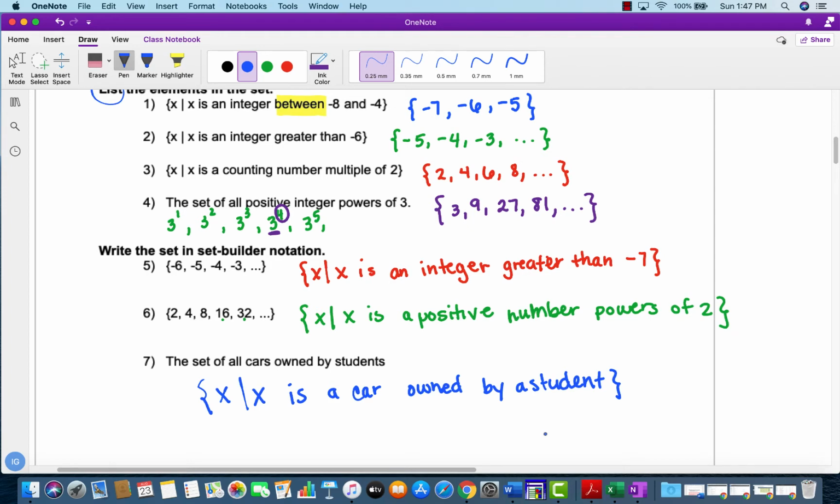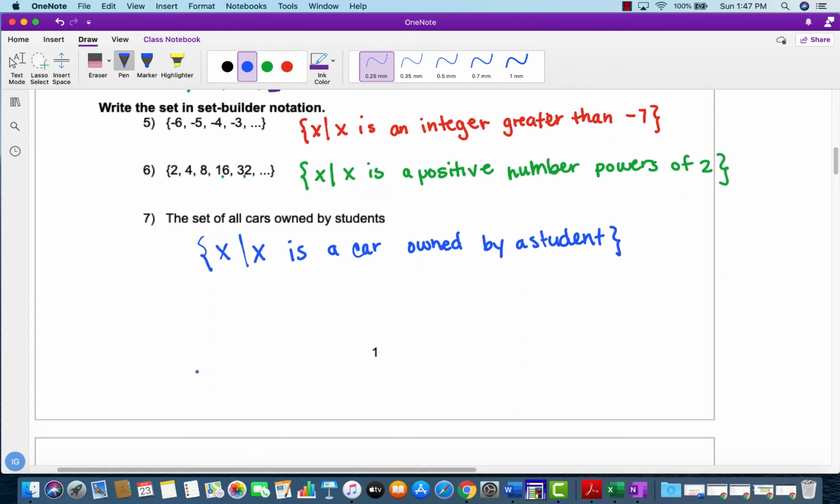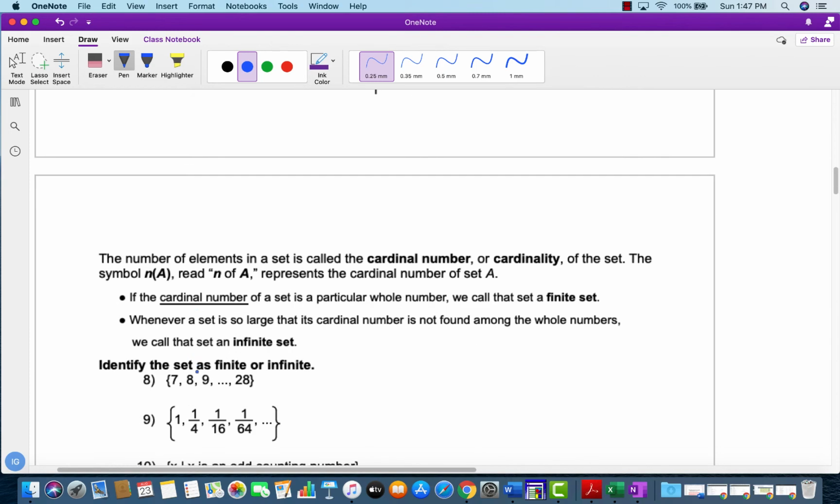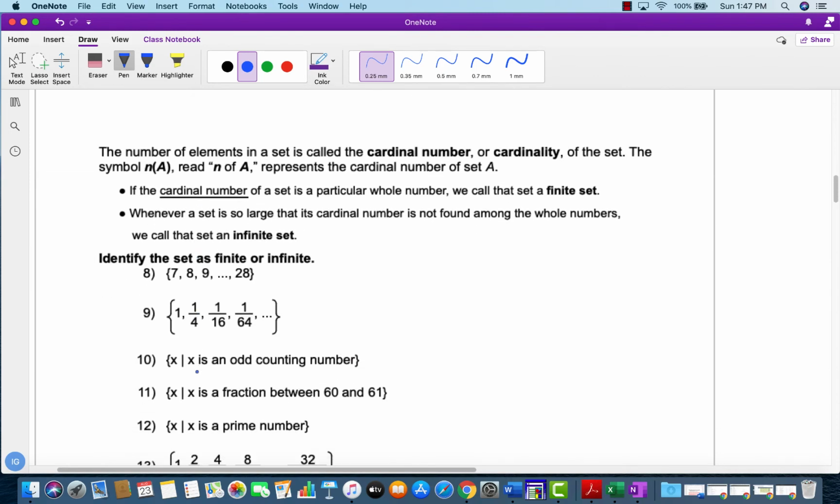Alrighty, so let's move on with some more terminology on the second page. It says the number of elements in a set is called the cardinal number or cardinality of the set. The symbol n(A) represents the cardinal number of a set A. If the cardinal number of a set is a particular whole number, then we call it a finite set.